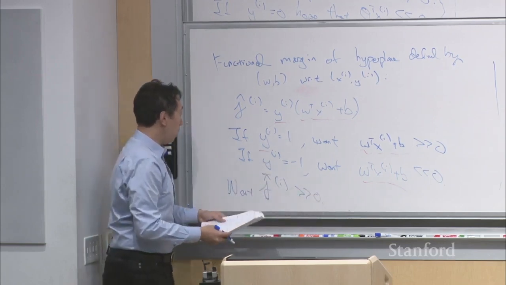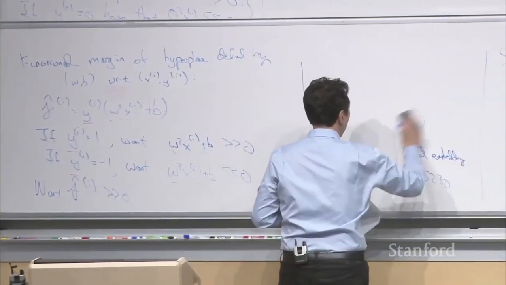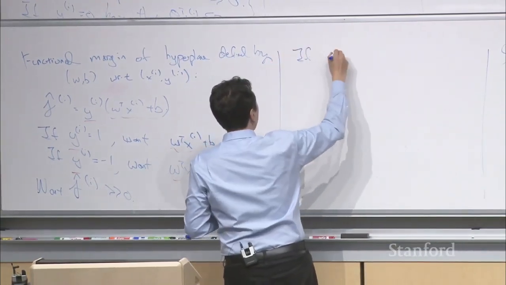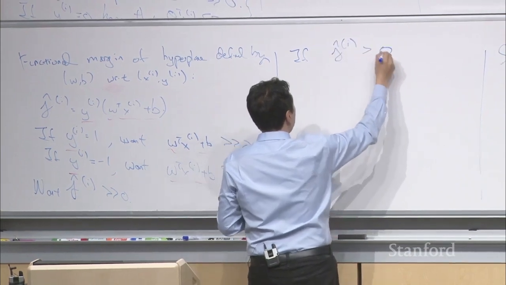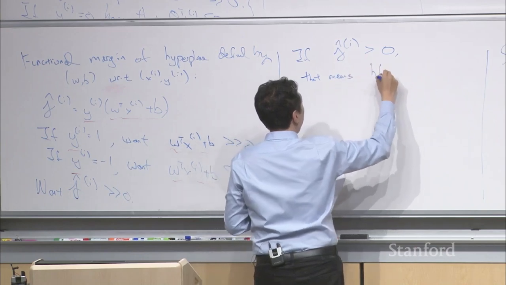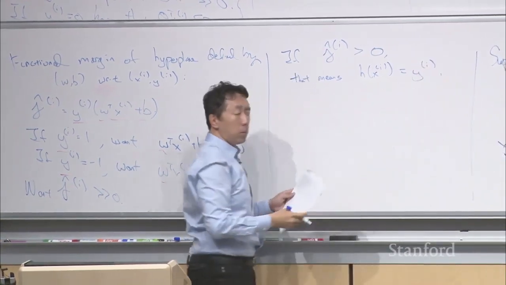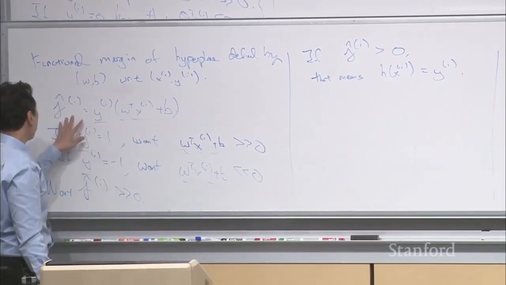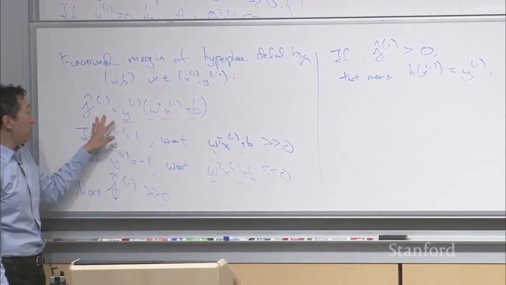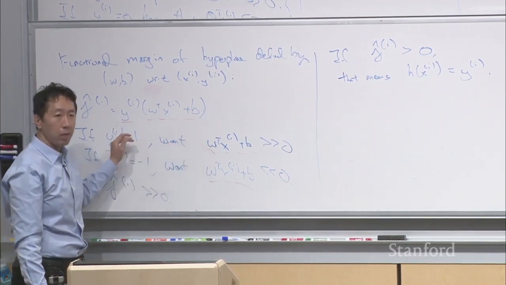Okay? And as an aside, one property of this as well is that so long as gamma hat i is greater than 0, that means the algorithm's prediction is equal to yi. So long as the functional margin, so long as this gamma hat i is greater than 0, it means that either this is bigger than 0 or this is less than 0, depending on the sign of the label.